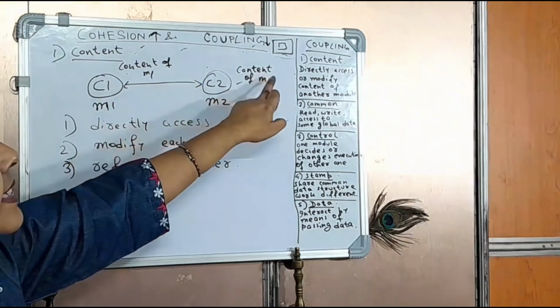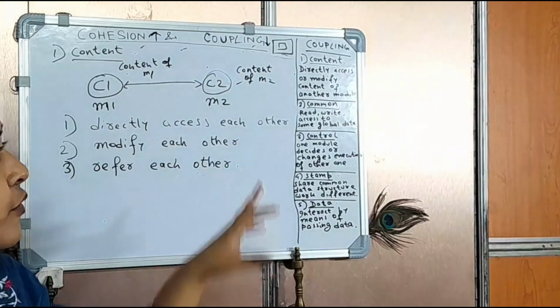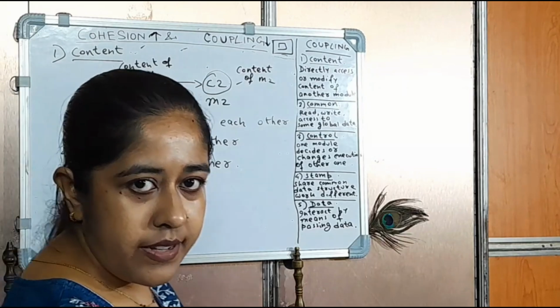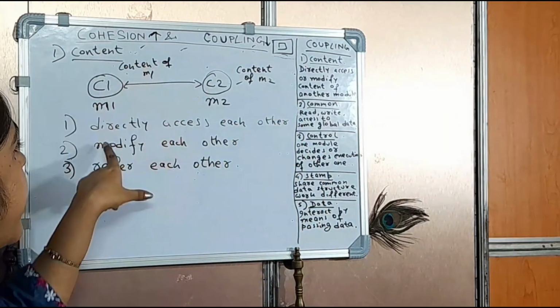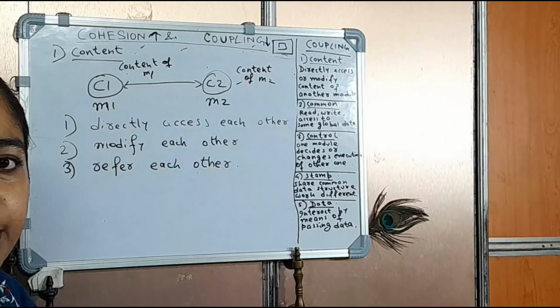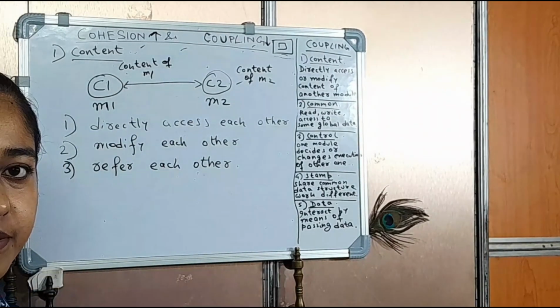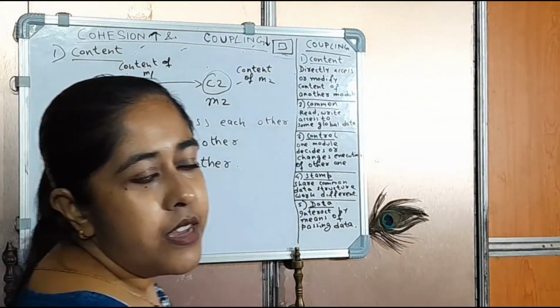So what is happening there? M1 can access the content of M2, can modify the content of M2, and can refer to the content of M2 in case of reference. And M2 can directly access the content of M1, that is our C1, modify it, and refer to the content of M1.